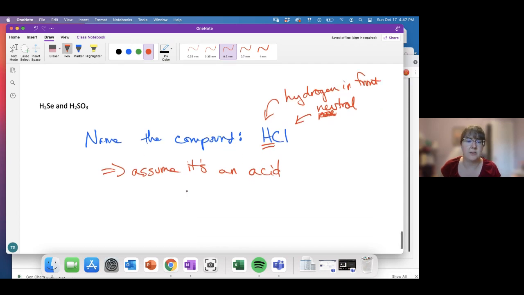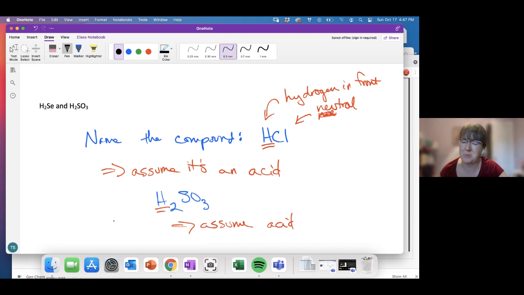So you could also see something like H2SO3, no other information, and you are also going to say, all right, I've got hydrogens in front. The whole thing is neutral. I'm going to assume it's an acid. But we could give you more information. So hydrogen in front, the whole thing's neutral. Without any other information, assume it's an acid.